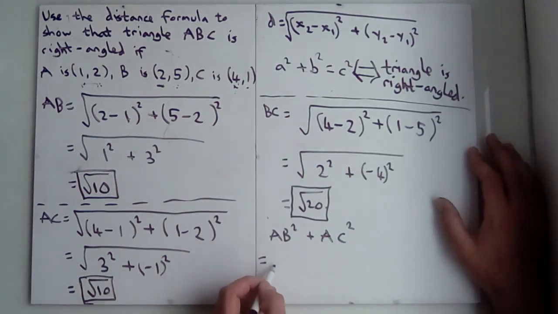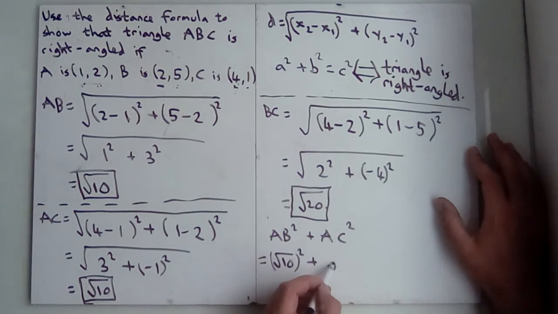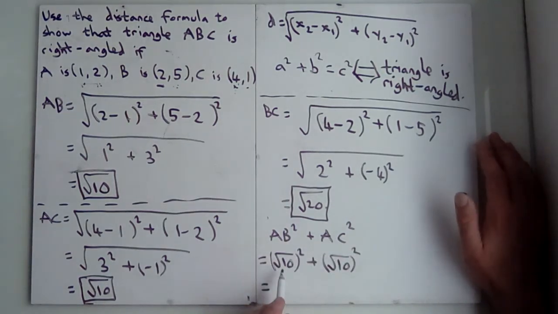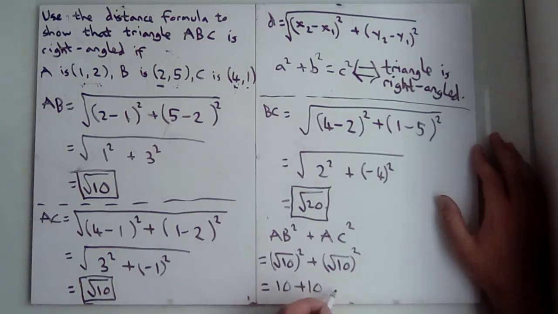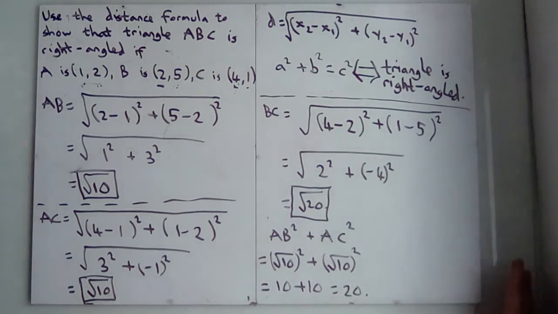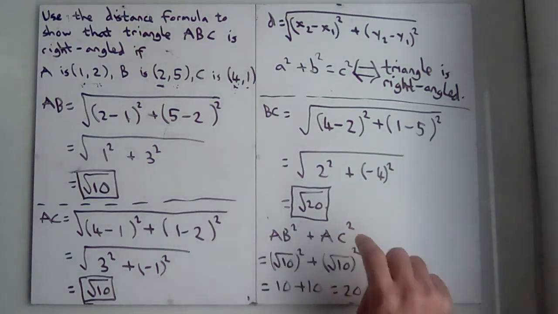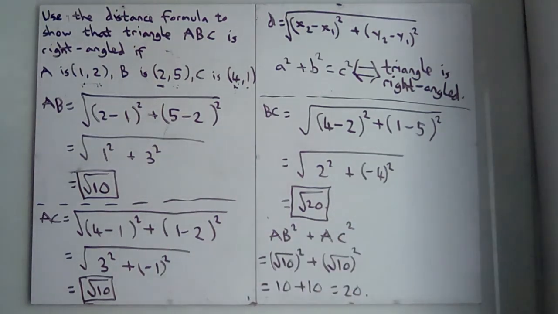So AB squared is root 10 squared. AC squared is also root 10 squared. So that is 10 plus 10, which equals 20. So that's AB squared plus AC squared.